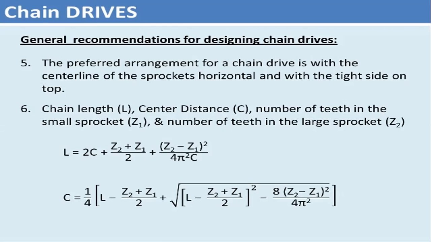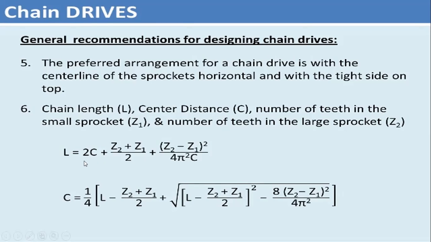Capital L is taken as 2C plus (Z2 plus Z1) by 2 plus ((Z2 minus Z1) squared) by (4 pi squared C). So that should be the formula for the total chain length.